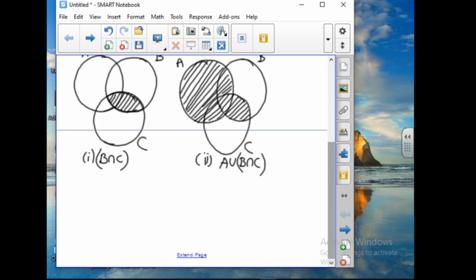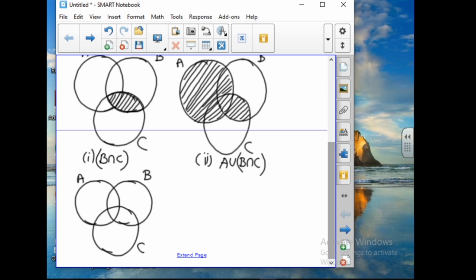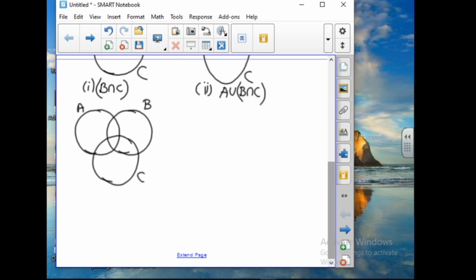So next we are going to find A union B. A, B, C. A union B means you have to join together A set and B set.